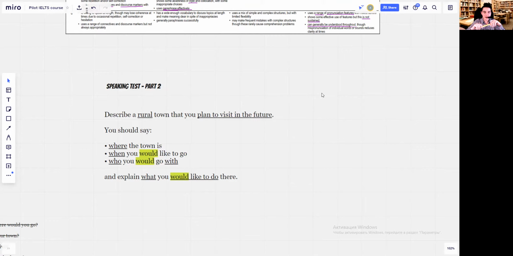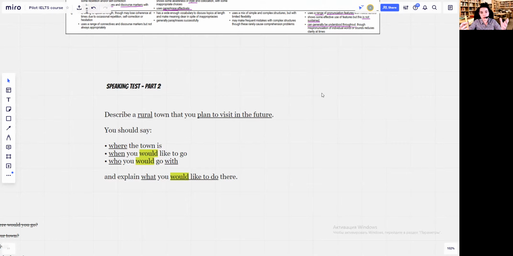So please pay attention in speaking part 2 to the tenses in the task. And keep in mind that your tenses should be, if not the same, they should fulfill the same function. So instead of repeating would, you could say, it might be nice to go for a stroll along the lake.